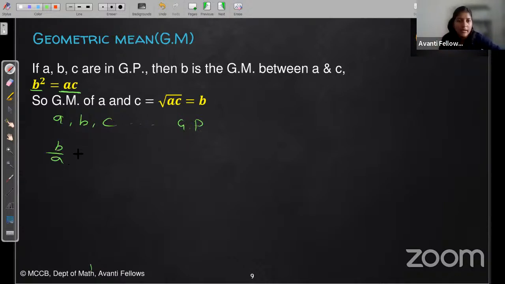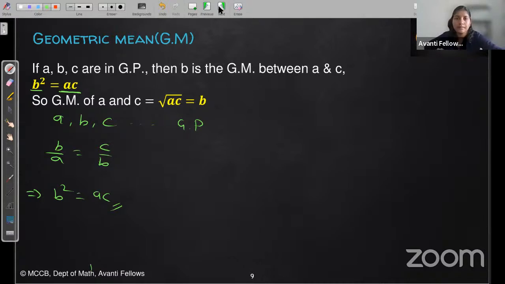So B by A will be equal to C by B. So this will imply B squared is equal to A into C. Okay, we already did this. So is this clear to you all? What is geometric mean between two terms? Any doubt in this? Yes, students, do you all have any doubt in this? Okay. If there is no doubt, then we'll go to the next one.